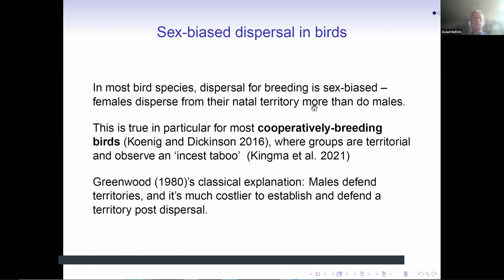Now we have the classical explanation of Greenwood of why males disperse less in birds, and that's because they defend territories. But in the case of cooperatively breeding birds, this is much more complicated because, as in our study in Shizaf Nature Reserve in the Arava Valley, the entire area is saturated with territories of Arabian babblers.